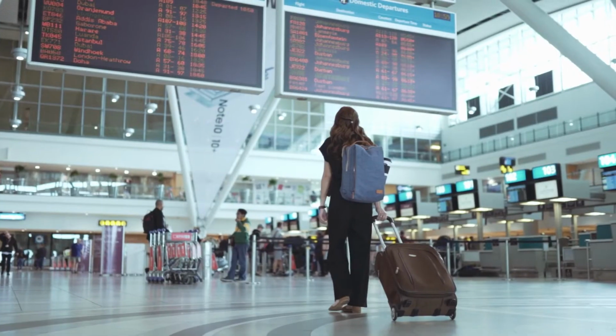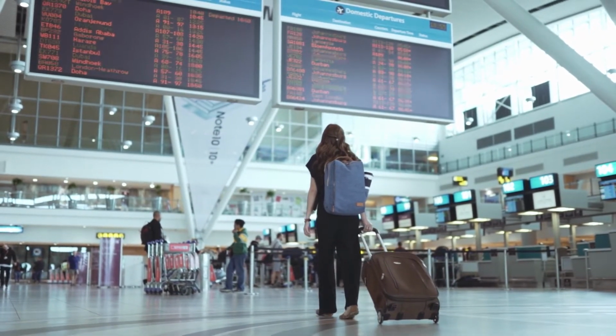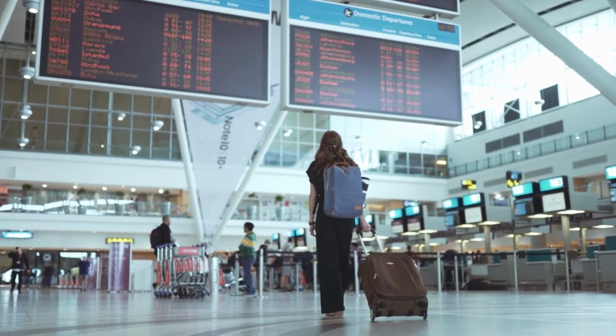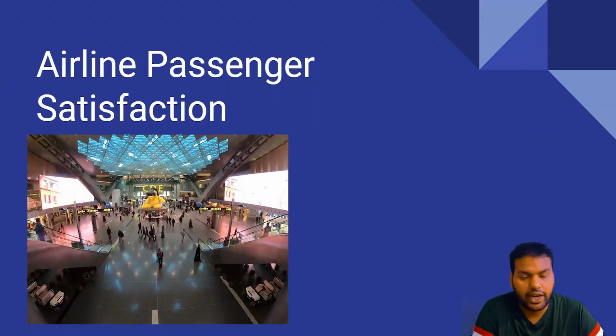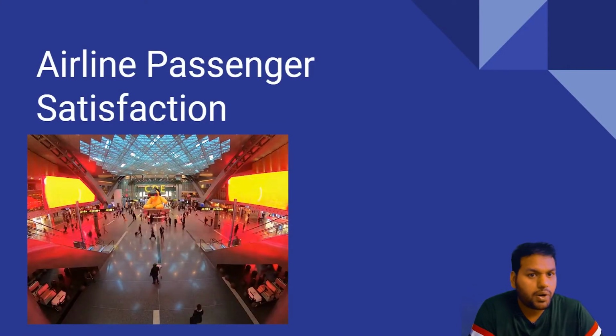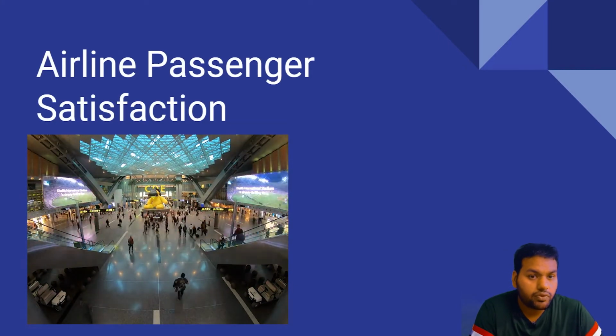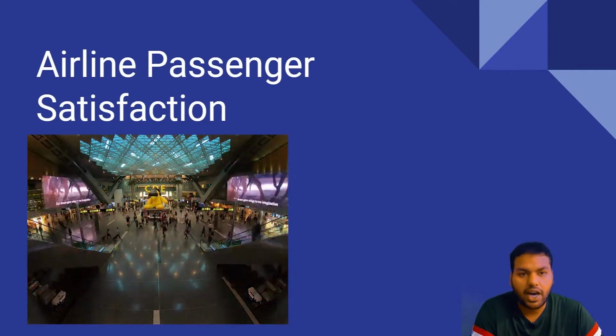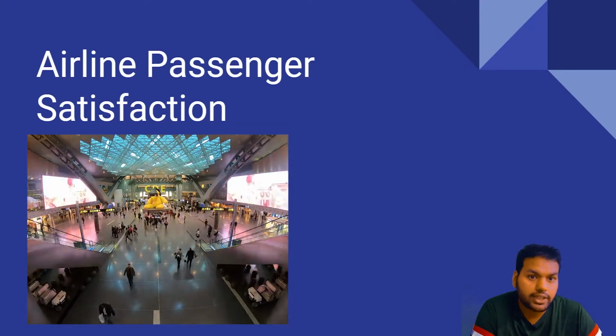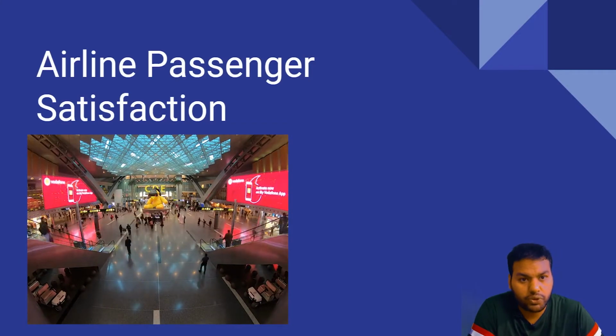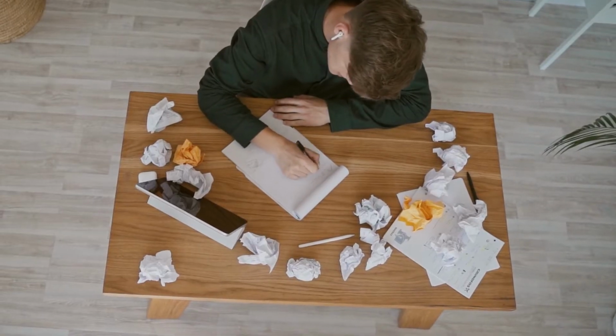But we are not going to consider any particular airport in this case study. This is a general data set, fully about the airport infrastructure, so that we can know how our passengers are feeling in the airport and what things we need to improve in the future.